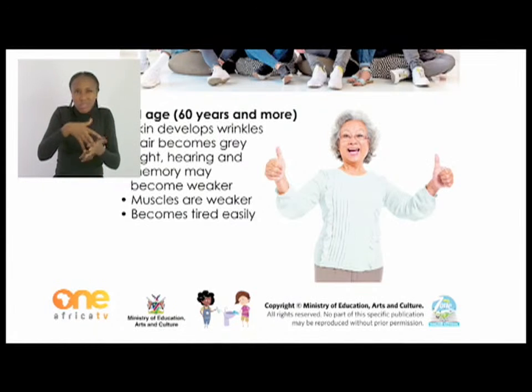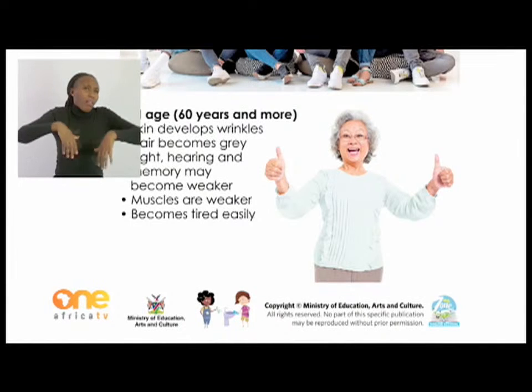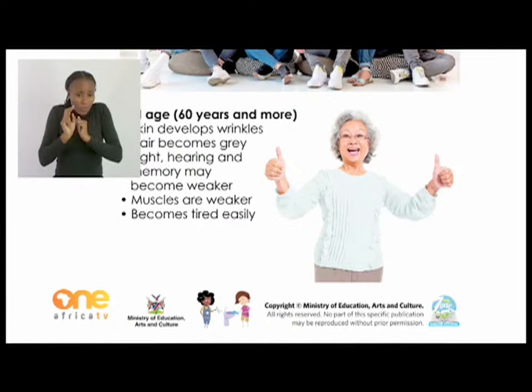Even if you feel them, you can feel that their muscles are actually a bit weaker compared to teenagers, adults, and the rest of the people. And they become tired so easily. When you walk a distance with your grandmother or grandfather, you realize that sometimes they pause the walk or tell you that let's rest a little bit because I'm tired. Those are the characteristics of old age, which is 60 and above.